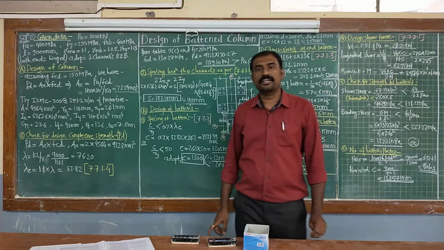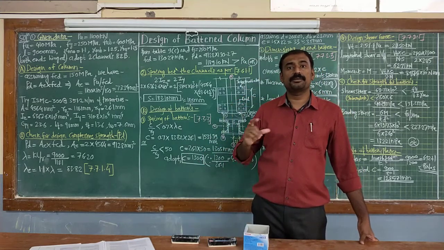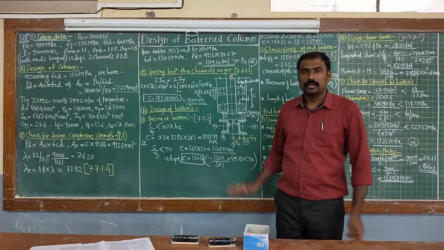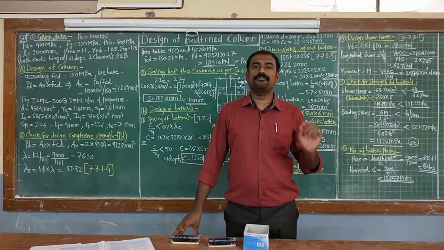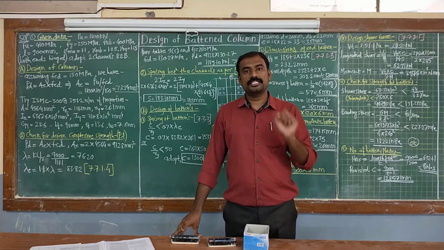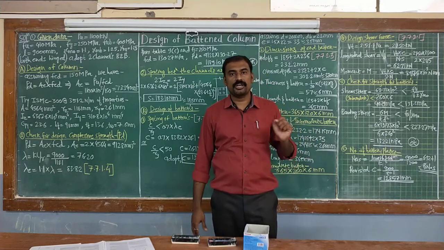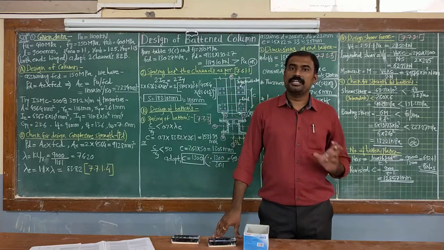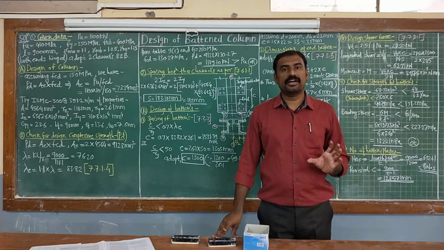Now after selecting a section, next step is to determine the design compressive strength of your selected section. For that, PD is always calculated using area effective multiplied with your design compressive stress FCD, and for design compressive stress FCD you require slenderness ratio. Slenderness ratio is given by your effective length to radius of gyration, correct?